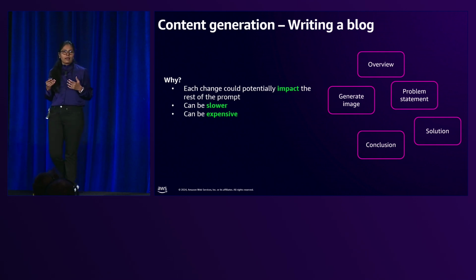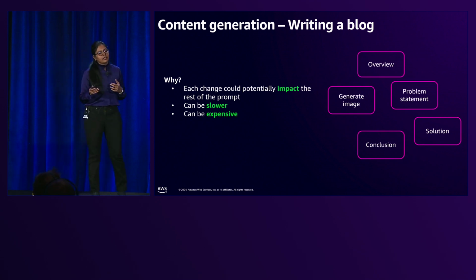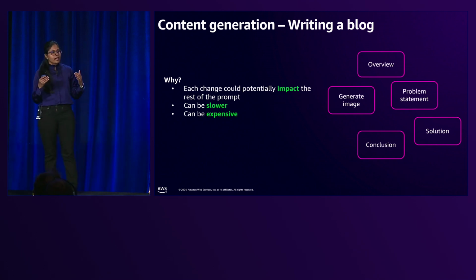So just like programming, you should think about single-purpose prompts that are clear and focused. The way to go about doing that is to decompose your large prompt into smaller prompts and wire them up in such a way that makes sense for your use case. That technique is called prompt chaining.